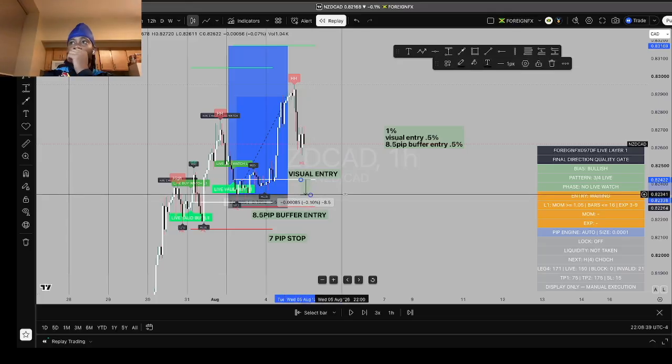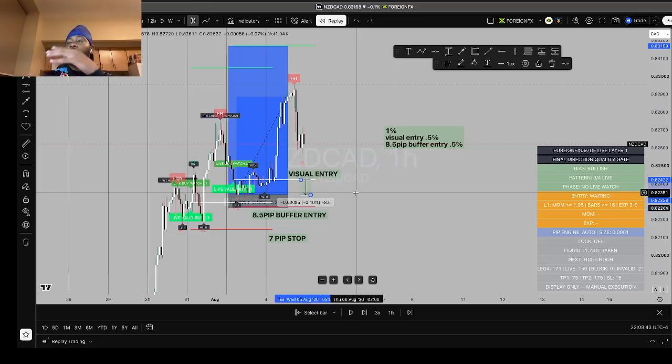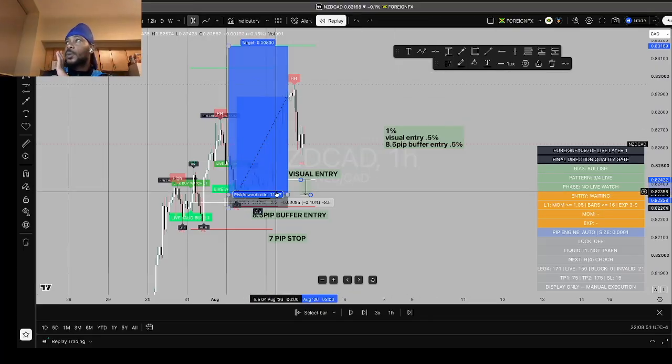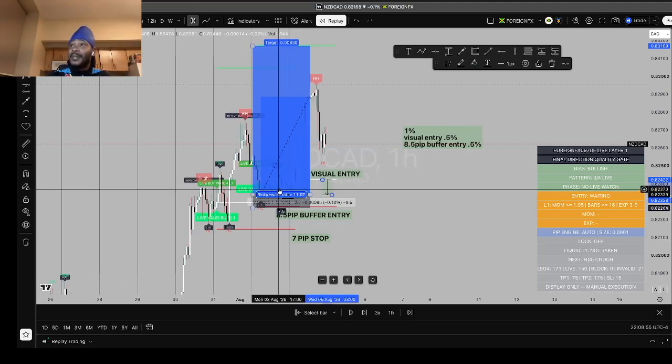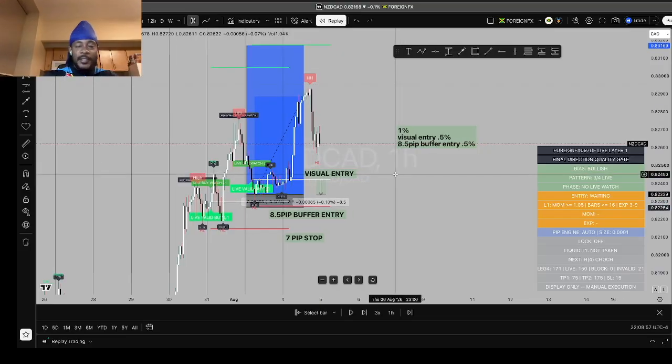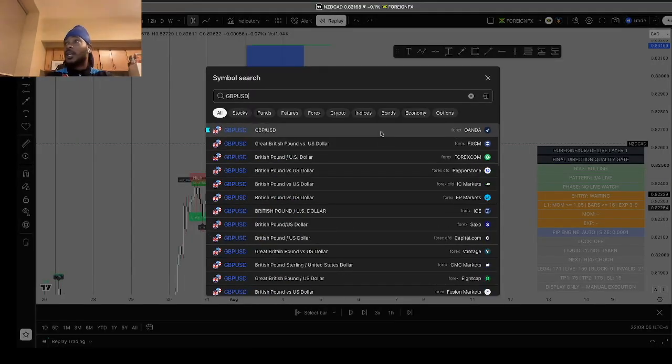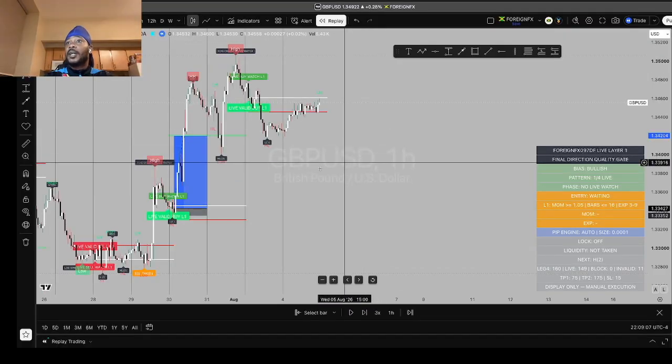So right there, that is the 8.5 pip buffer, and that would be your entry. Whenever I place a trade, I would put a buy limit at the 8.5 pip buffer, and I would mark it execute at that visual entry. So that's it. Now I'm gonna move on to the cherry pick chart that played out for the 10 hour.